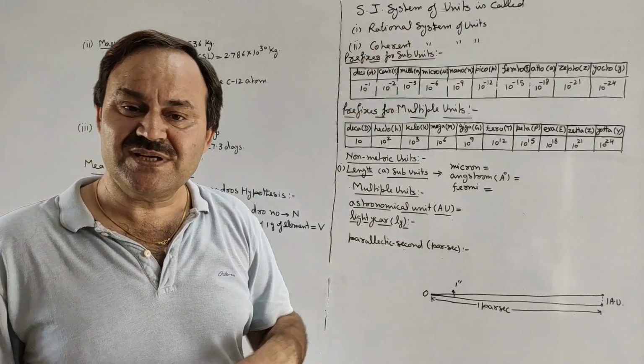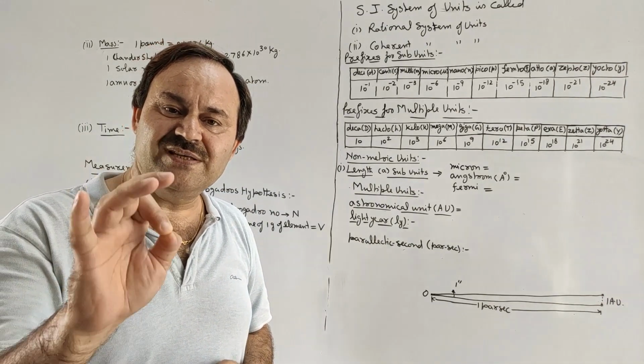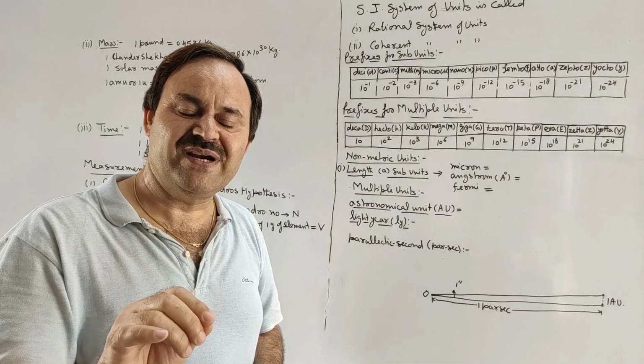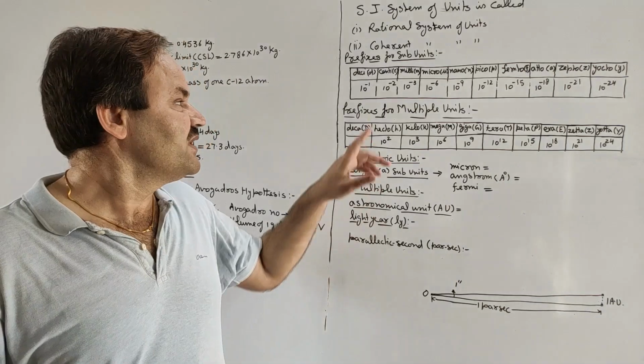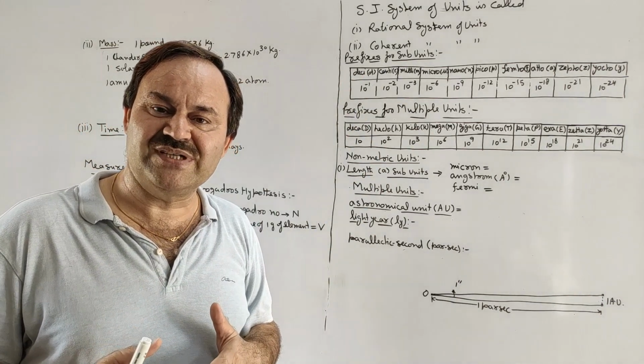Also, this system is called rational system of units because in this system of units every physical quantity is provided with a unique unit. Now we come to the prefixes used to obtain sub and multiple units.